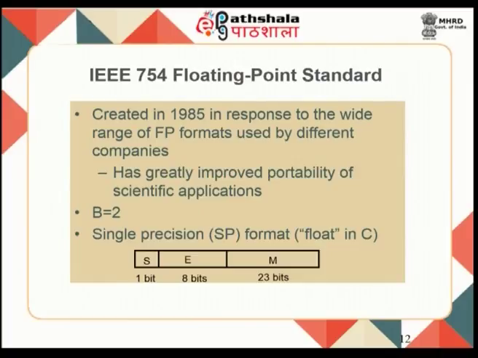So, the base of the number system is assumed to be 2, and you have a standard representation for single precision floating point numbers, and similarly for double precision floating point numbers. For a single precision floating point number, you have a 32-bit representation where the S bit represents the sign bit: 1 indicates that it is a negative number as usual, and 0 represents that the number is positive. You have 8 bits which are used for the exponent representation.